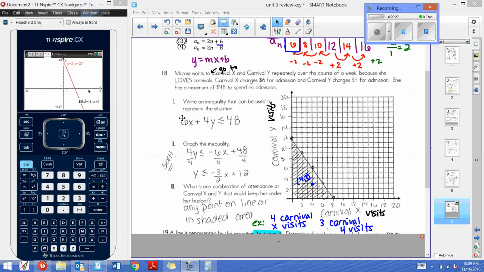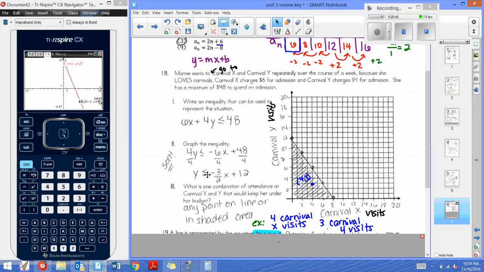Some of you might say, hey, can't I just graph this right now on my calculator? And the answer is, of course. I would graph it, and when you solve for Y and show your work, make sure that it matches up to what you have found on your calculator. So make sure that this inequality and this inequality are exactly the same.